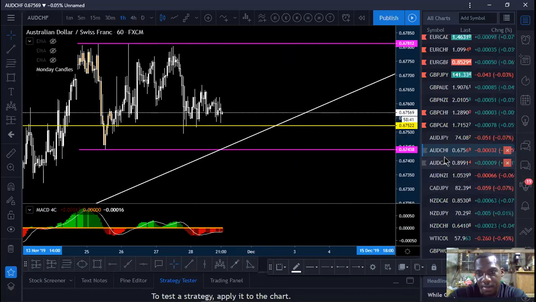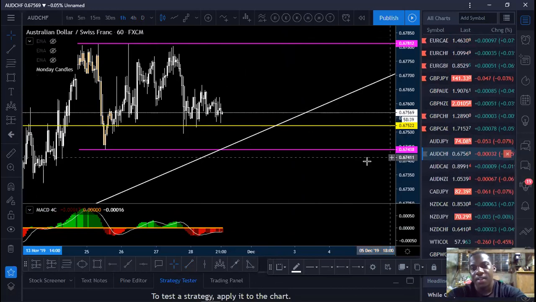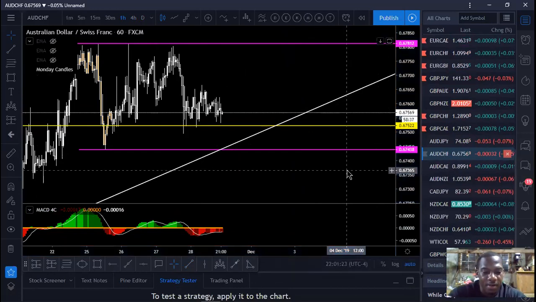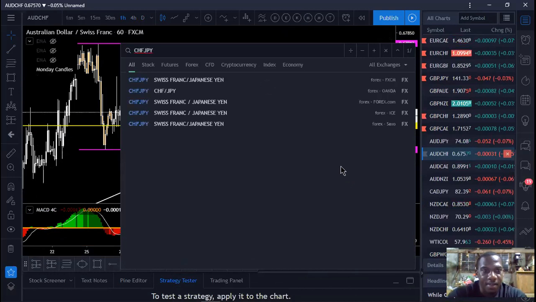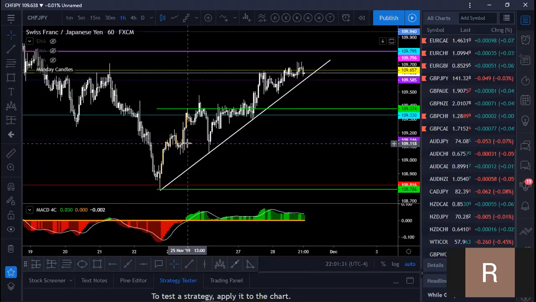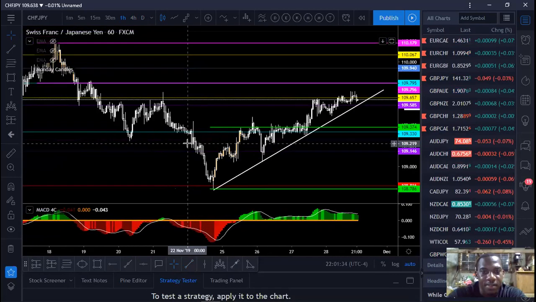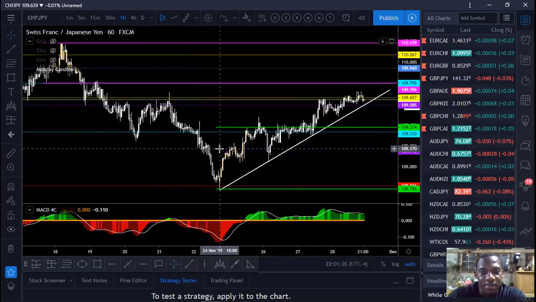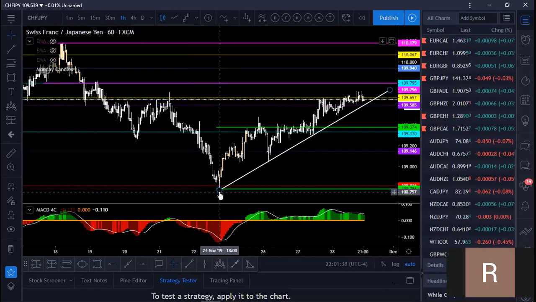A young lady was trading this pair, CHF JPY, and she told me to look at it. It was technical to get in today. A nice flag, but you say you can wait and watch it a little more.